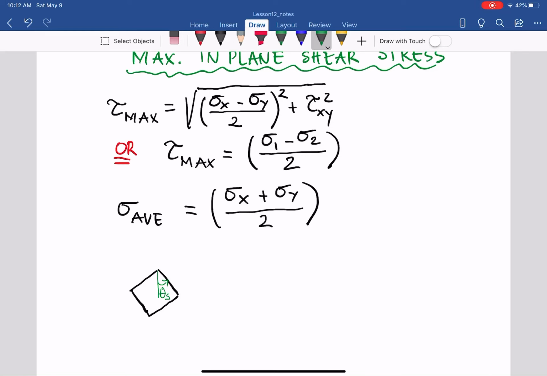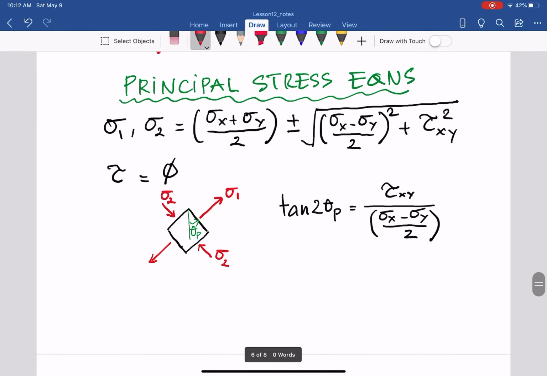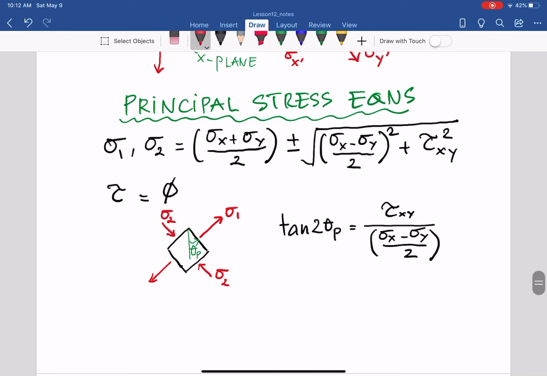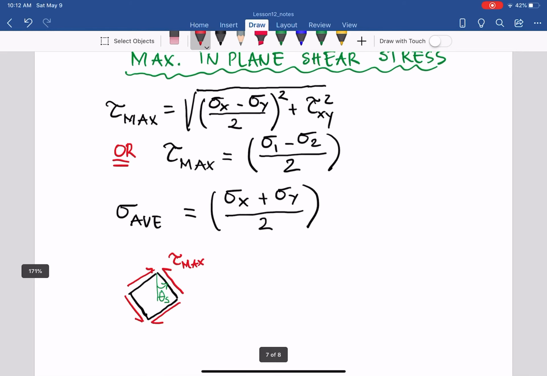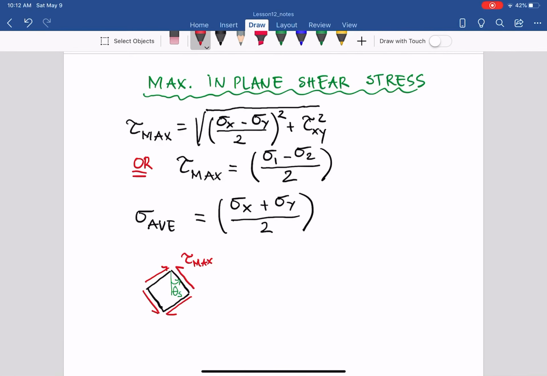So the shear stress on that plane becomes tau max. And of course the opposite face has to go here to keep the block in equilibrium. Unlike the principal stresses, where you don't have tau in the block, for the maximum in plane shear stress we have the normal stress sigma, and that is sigma average.